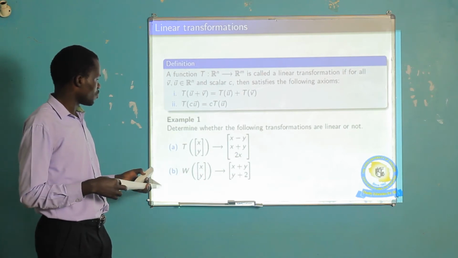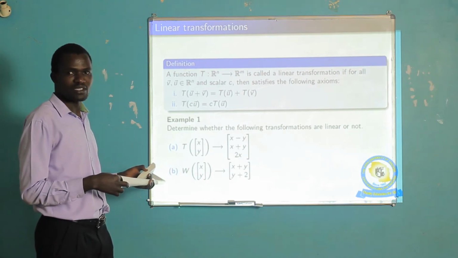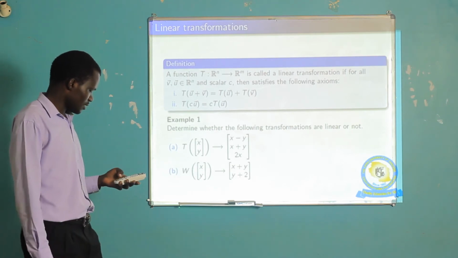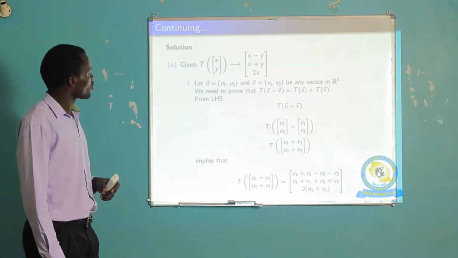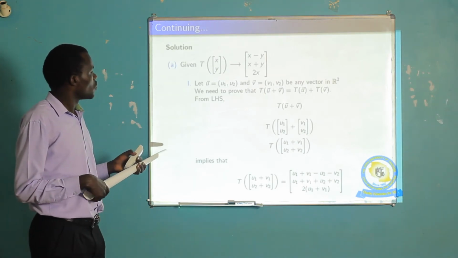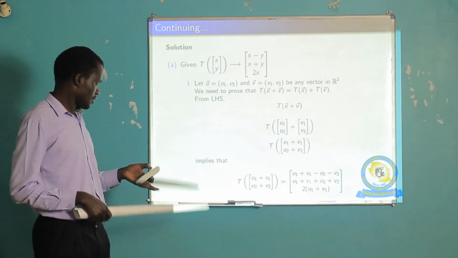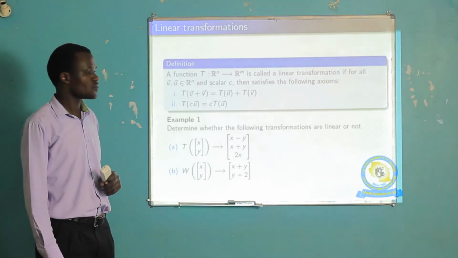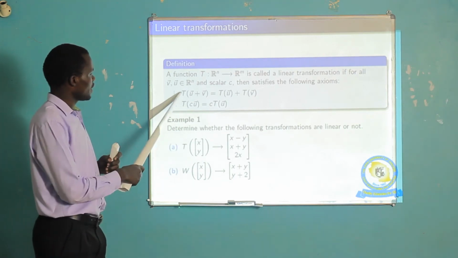We have transformation T and transformation W. Okay, let's see this example. Solution. To show that this is a linear transformation, we need to show that it satisfies the two axioms we have already mentioned, which is this one and this one.